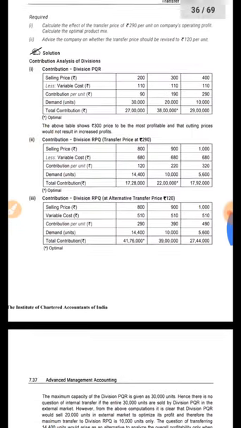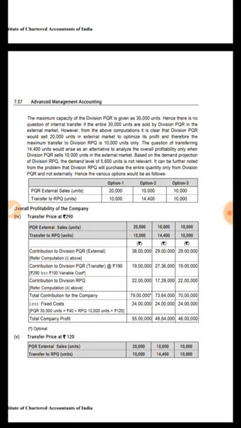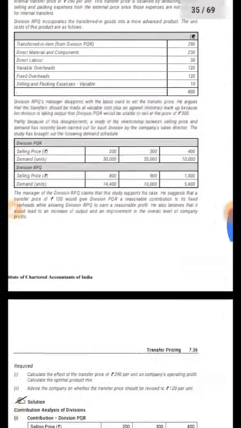I said for a transfer pricing problem, fixed cost is irrelevant. Actually it is irrelevant. This is just for finding out the company's profit that they are asking. That's why we are considering fixed cost. Otherwise, for taking any decision in transfer pricing, fixed cost is absolutely irrelevant. Okay, so fixed cost 30,000 into 40.